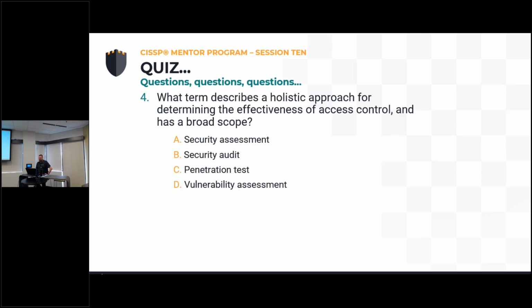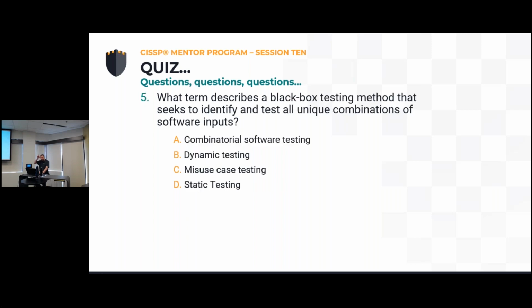All right. What term describes the holistic approach for determining the effectiveness of access control and has a broad scope? Security assessment, security audit, pen test, or vulnerability assessment? Yep. All right, what term describes the black box testing method that seeks to identify and test all unique combinations of software inputs?